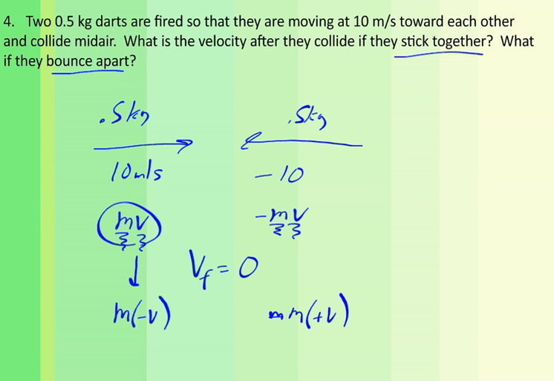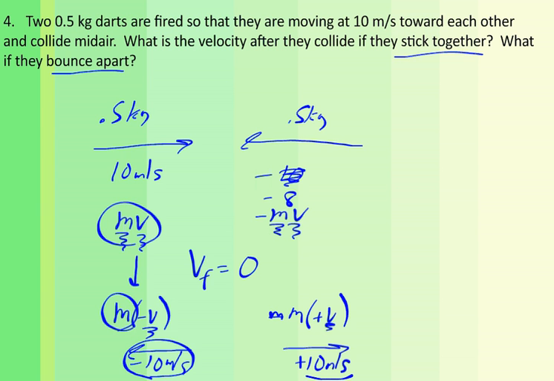So this object came in going 10, it would leave going negative 10, and this object would leave going positive 10. And that's only because they are the same mass and moving at the same velocities. If they were moving at different velocities, they would literally just switch velocities. Let's say this one was coming in going negative 8. Well, this one would leave going negative 8, and this one would leave going positive 10. They would just flip each other, assuming it was an elastic collision, not an inelastic collision.